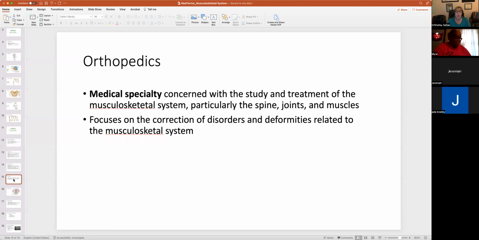Okay. So orthopedics is a specialty. It's a medical specialty that deals with the treatment of the musculoskeletal system, particularly the spine, the joints, and the muscles, where most people have the most concerns.